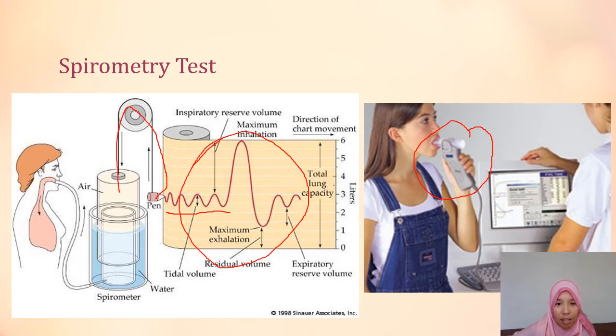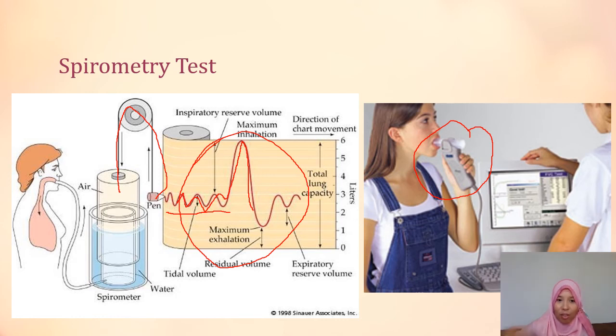And then this is the graph, if you remember, in the previous slide where we talked about lung volumes and lung capacities, right? So remember this stroke up and down here, this is the tidal volume. Remember that. And this one that increases and decreases is the inspiratory reserve volume, right? If you don't remember, you can always look back at my previous slide.